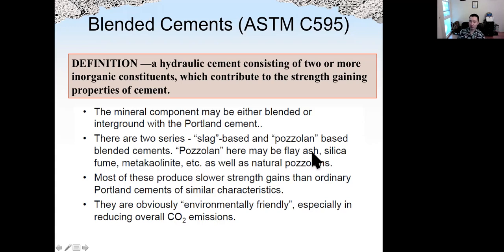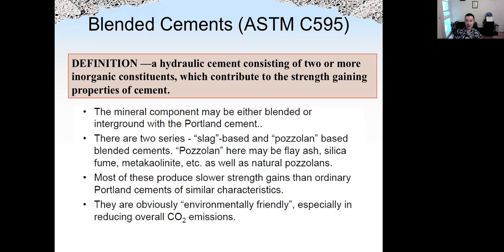It's a byproduct of the coal burning process. Silica fume is another waste material, which is a byproduct of silicon production. Metakaolin is a product when we treat clay. So this is an example of natural pozzolans.